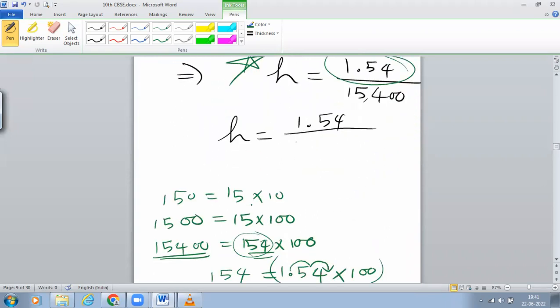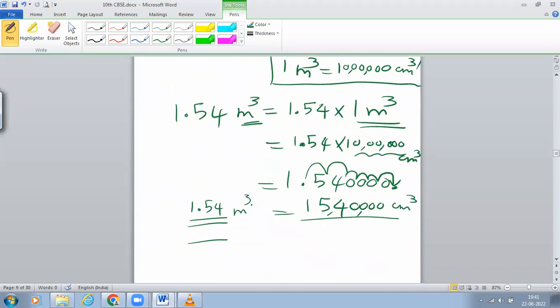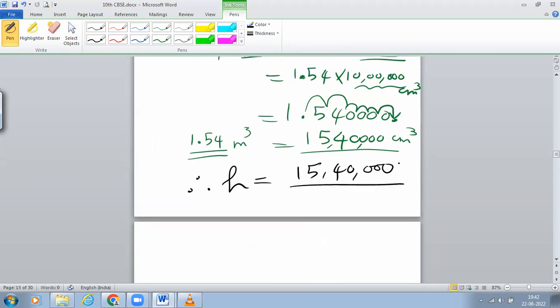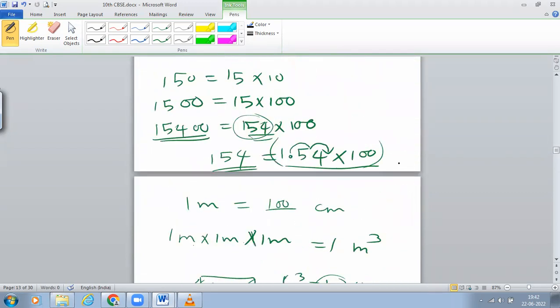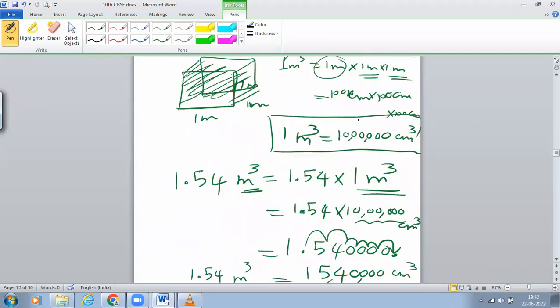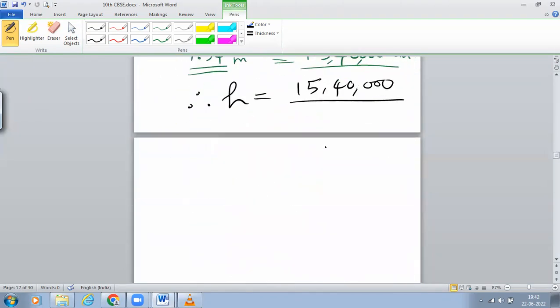Therefore, H is equal to 15,40,000 divided by 15,400.